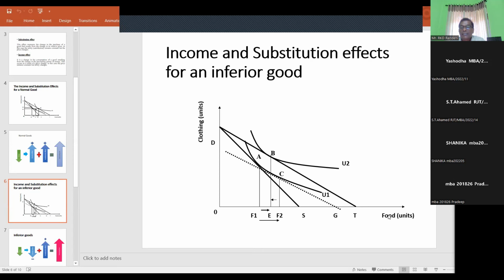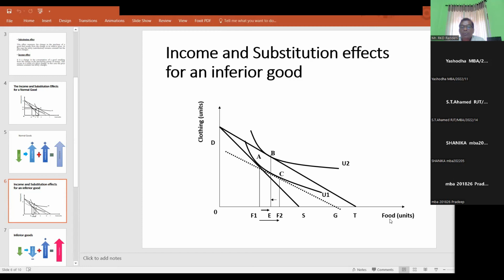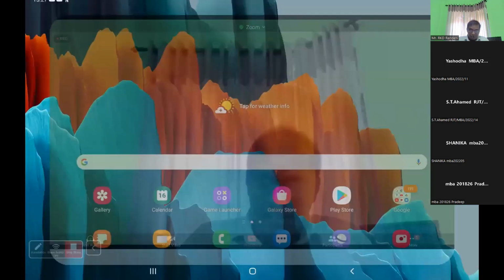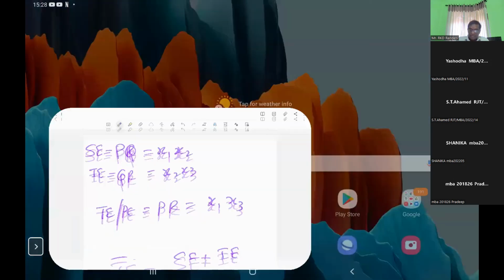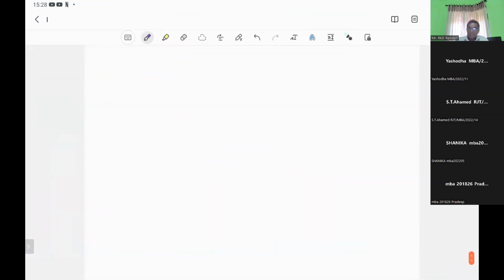Normally, on the horizontal axis we use the price change in the commodity.